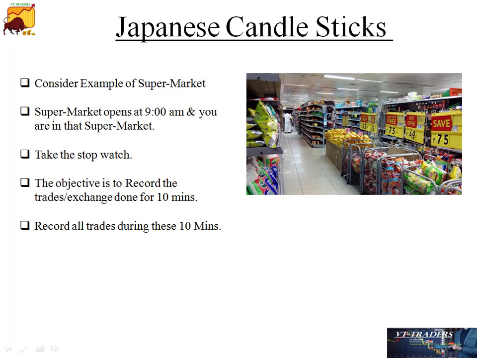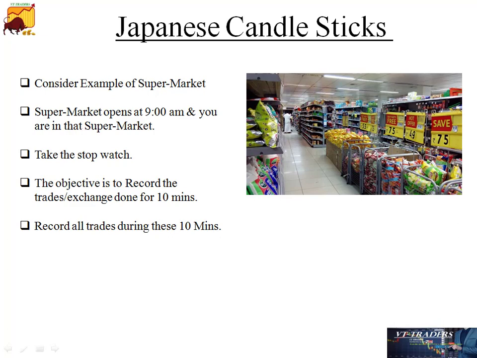For example, you go to the supermarket. Supermarket opens at 9 a.m. in the morning and you are in the supermarket. What you have to do? You have to take the stopwatch and note down each trade or exchange done for 10 minutes.